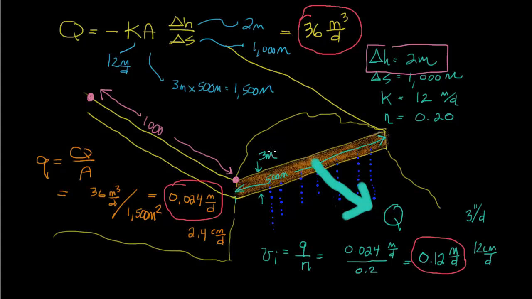All of these describe the same thing. They describe the speed, I should say, at which water is moving through this unit, the rate of groundwater flow, using, again, Darcy's law. So this is an example of how we use Darcy's law to actually come up with numbers that describe how quickly water is moving through a geologic unit.